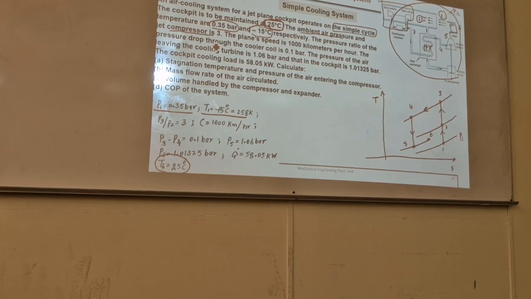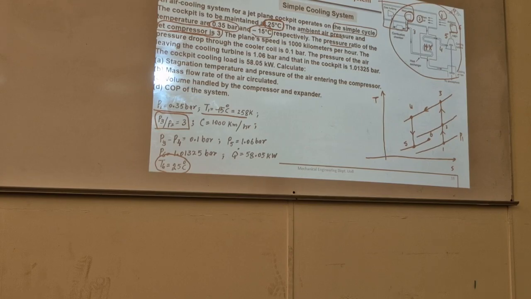The pressure ratio of the jet compressor is 3. Here is the jet engine compressor. Pressure ratio means higher pressure divided by lower pressure. So P3 by P2 is given.